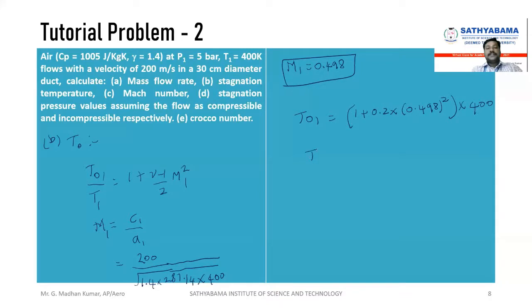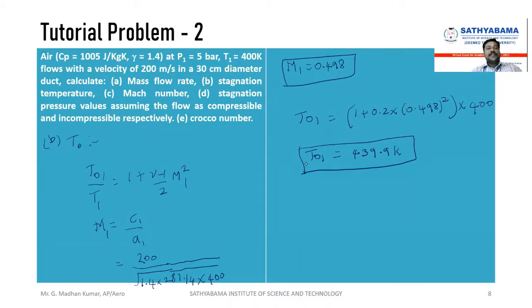Now what is the value of stagnation temperature? It is 439.93. So we have estimated the value of stagnation temperature.